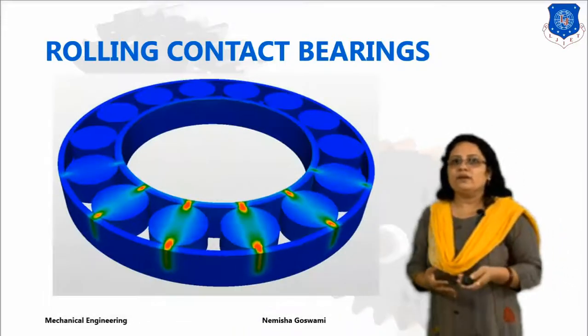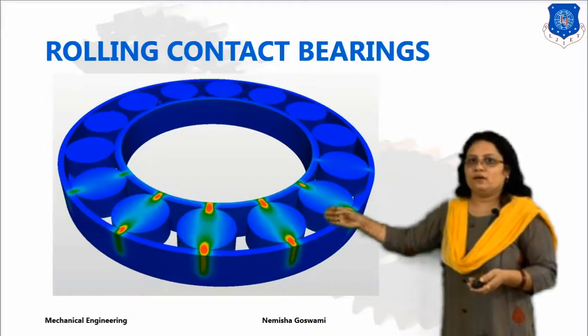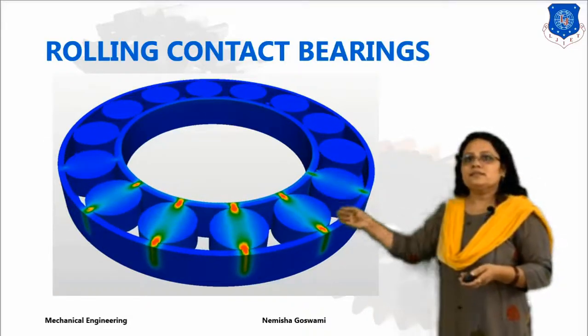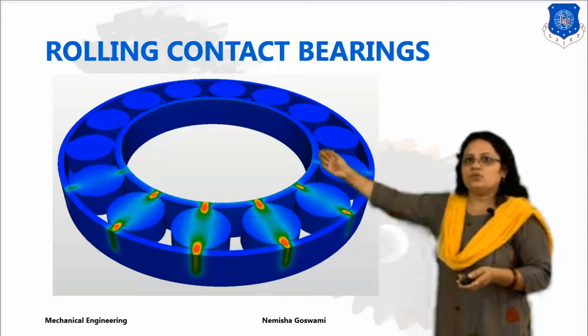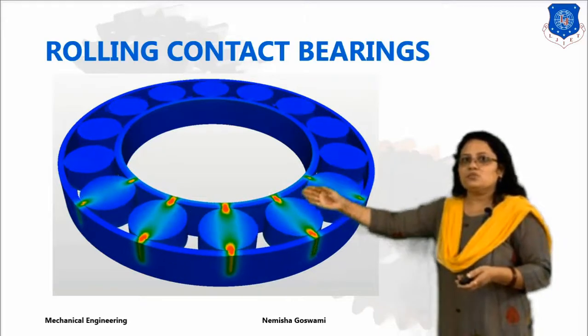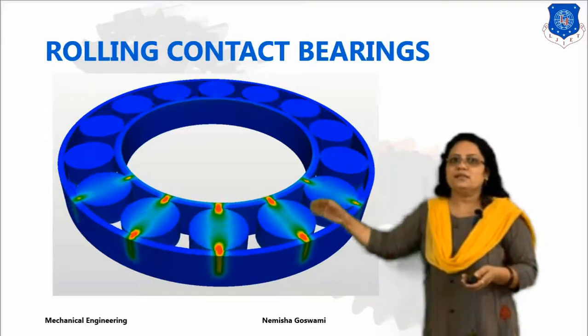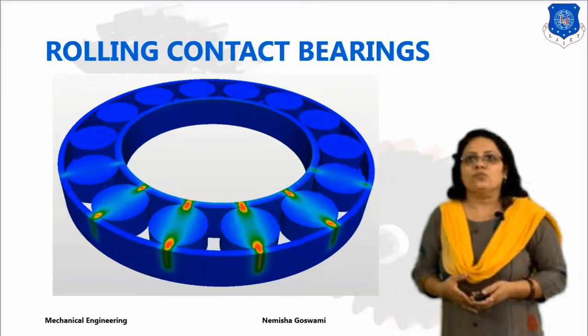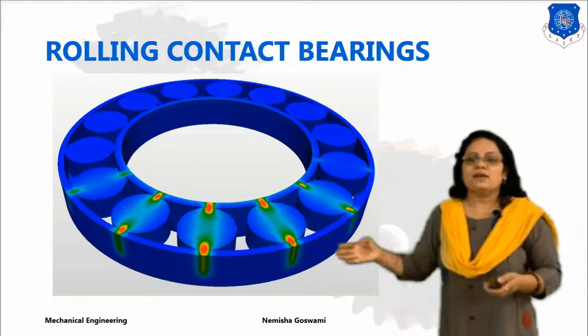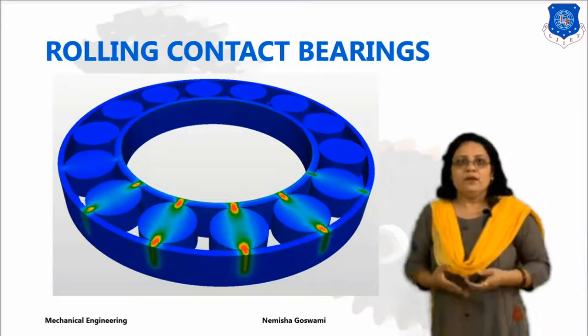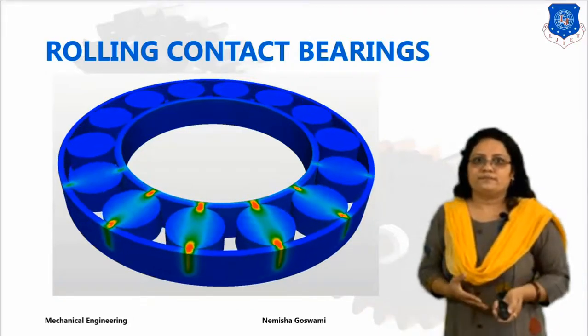In a rolling contact bearing, you can see in the figure, this is the outer race and this is the inner race. In between these two races, we provide rollers or balls, so that's why it is known as a rolling contact bearing, and this type of bearing is used to take heavy loads.